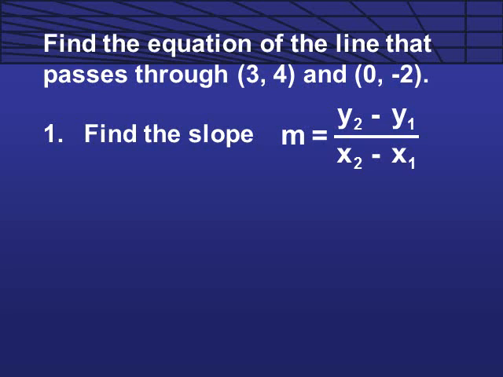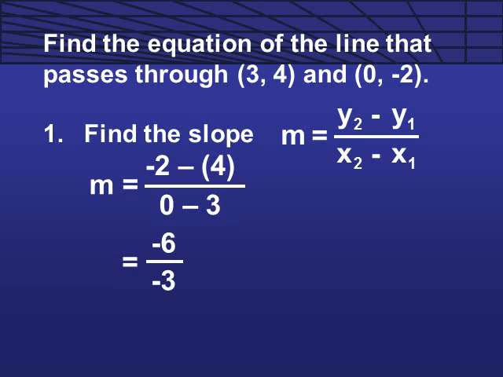I actually chose 0, -2 as my point 2, and I'm going to plug that in. So my y2 was -2, my x2 was 0, and then my y1 was 4, my x1 was 3, and when I do that math, I get -6 over -3, which a negative divided by a negative is a +2. So now I know my m.